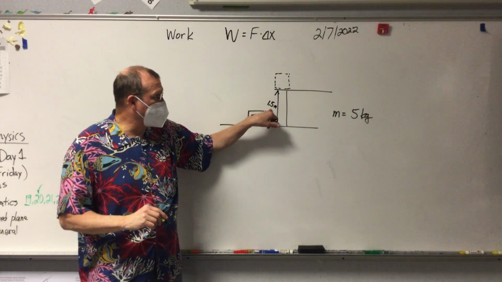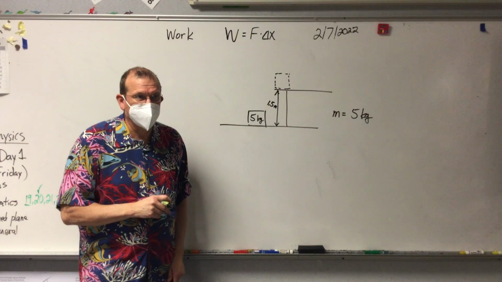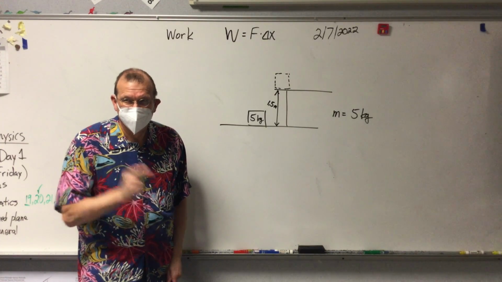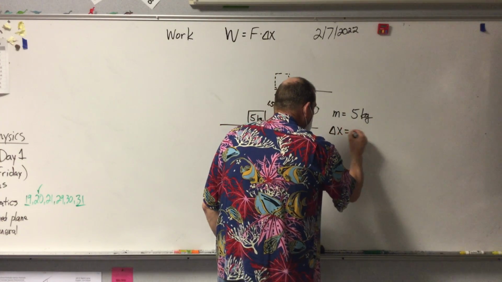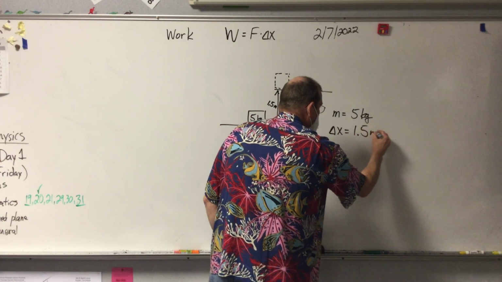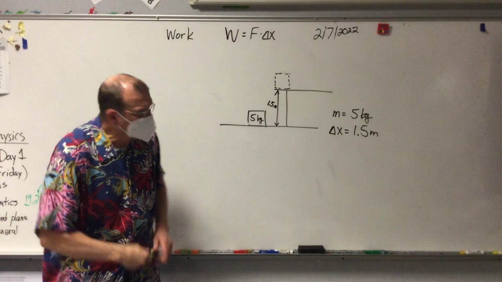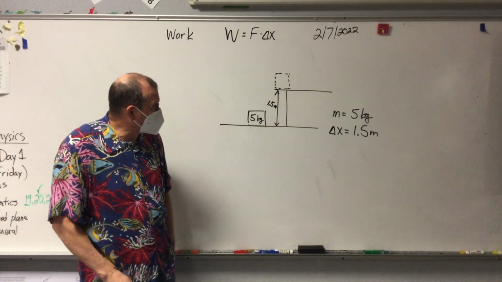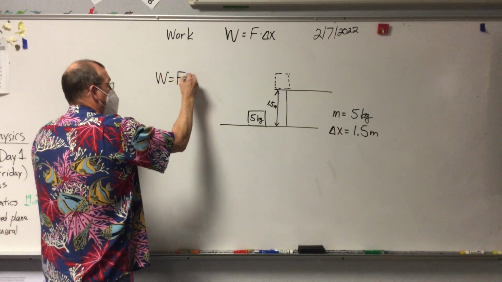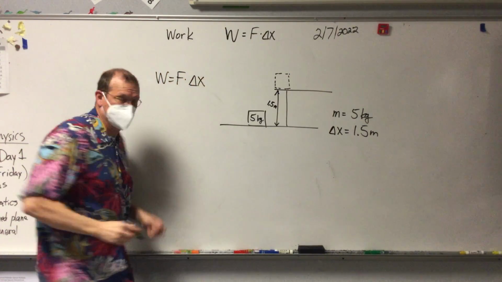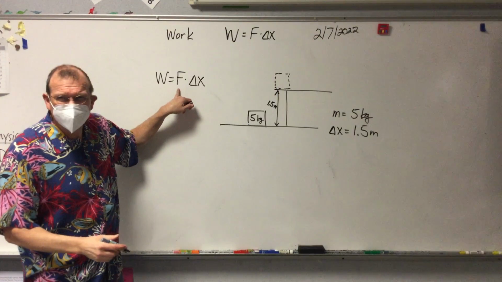What does my 1.5 meters become? Delta X. That is our delta X. Okay, so now what we have to do is figure out what do we do for this F.